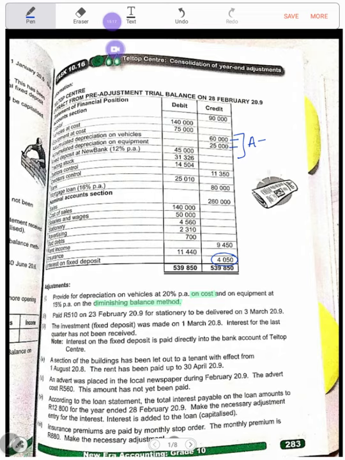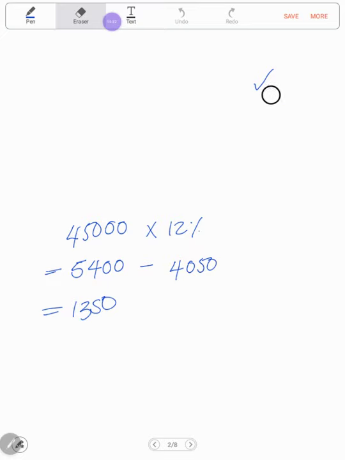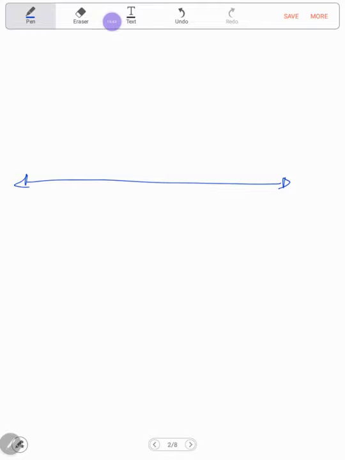The next adjustment is a section of the building has been let out to a tenant with effect from the 1st of August 20.8. The rent has been paid up to 30th of April. Alright, so again, timeline, very important. You can redraw your timeline as much as you want on your working out paper. So we know that our financial year ends February.